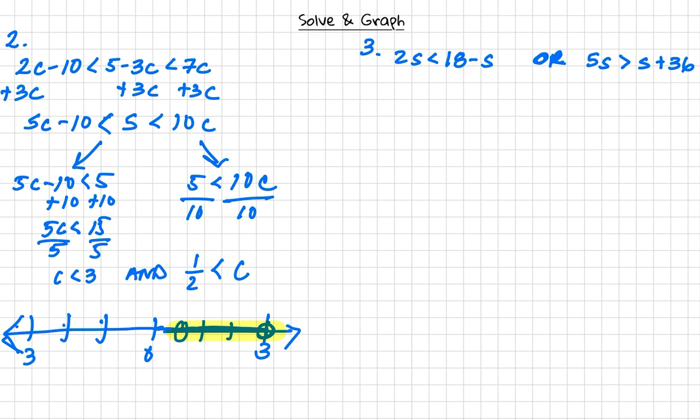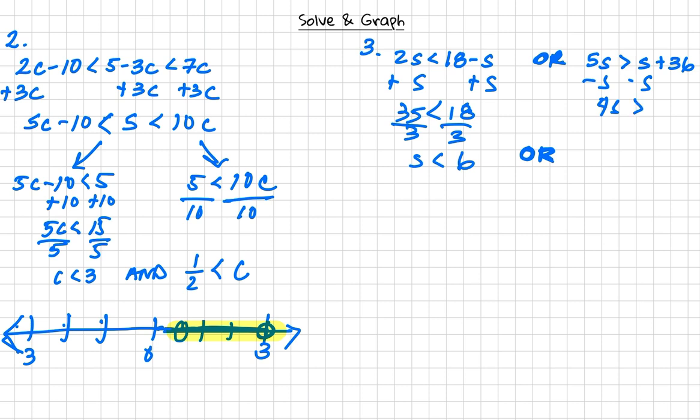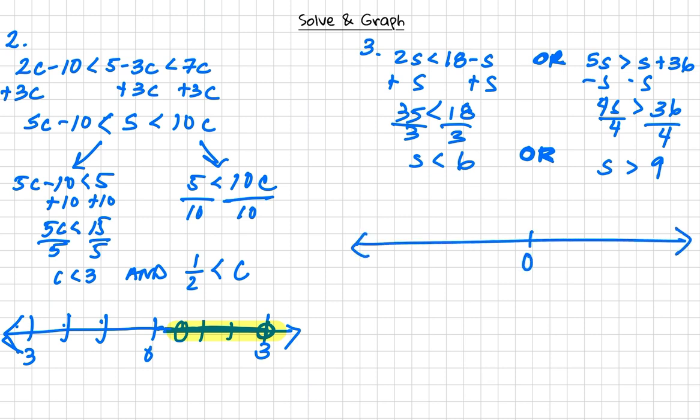So here we need to isolate the variable, plus s, 3s is less than 18, divided by 3, divided by 3, s is less than 6, or do the same thing, minus s, 4s is greater than 36, divided by 4, s is greater than 9. Do a number line. I'm going to do 0, negative 10, 10. I'll do 5.